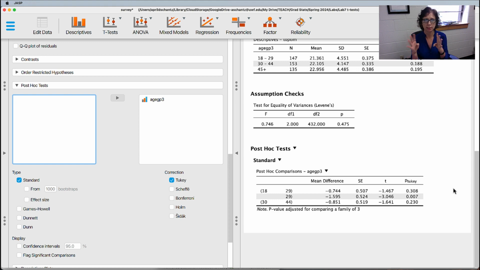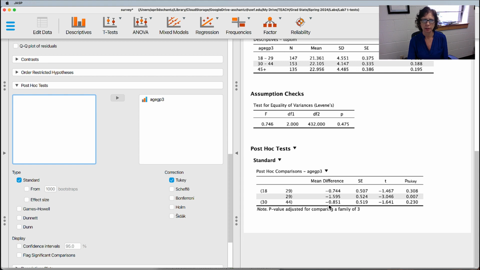It actually ends up being 6 tests, but when we're testing over and over the same sample, we have a higher likelihood of making a type 1 error, because we may conclude that we have an effect that we think is true in the population, but it's really only true for our sample because we keep over-testing it. So what's going on with Tukey is a correction aspect, making it more difficult to detect a significant difference. But we have here on this middle row that group 1 compared to group 3 is significantly different.